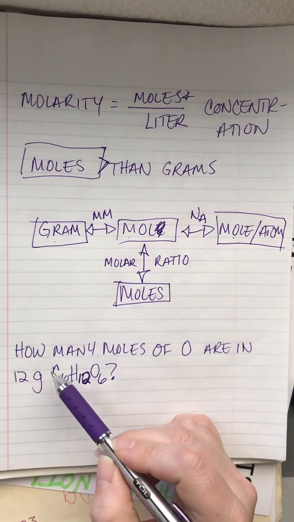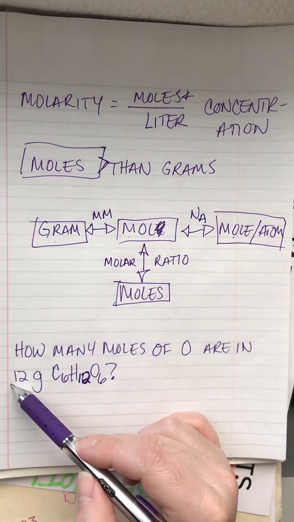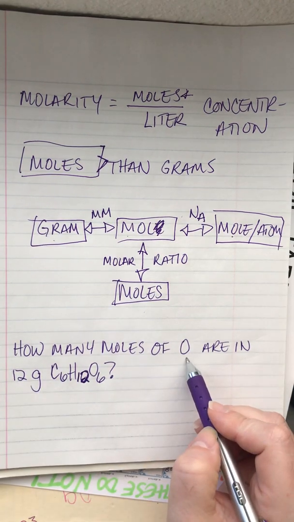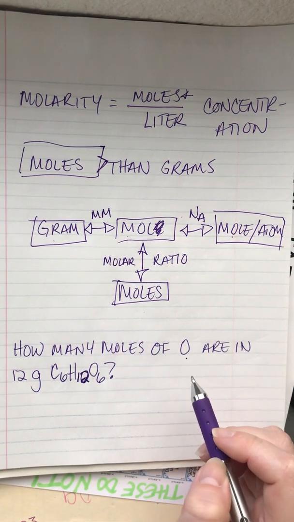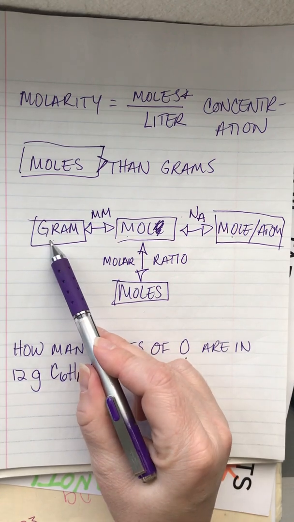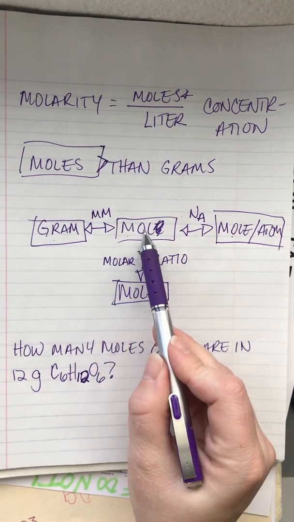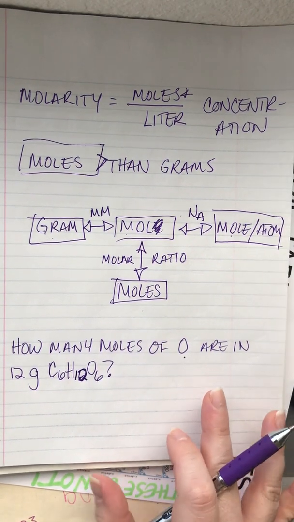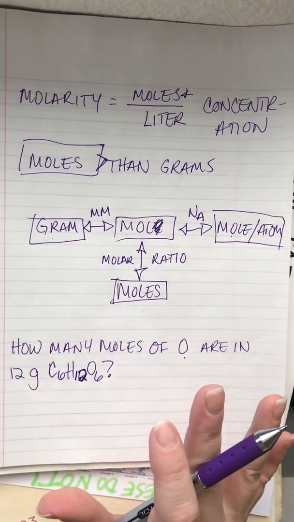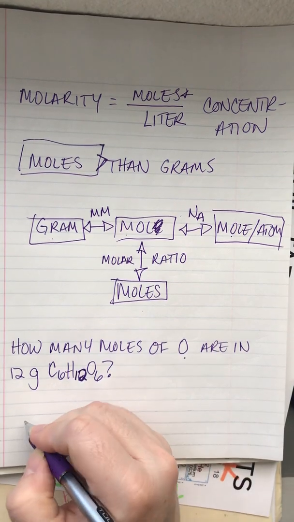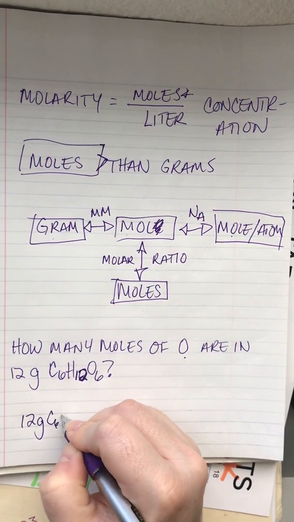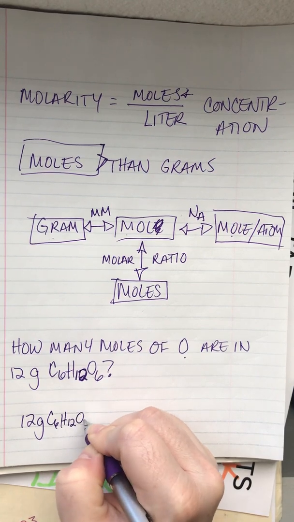So, if we want to go from grams of glucose to moles of oxygen, our first step is just what we did before: grams to moles. I'm using this one particularly because we've already calculated the molar mass. So we would start off with our 12 grams of glucose, I'm going to write it correctly this time.